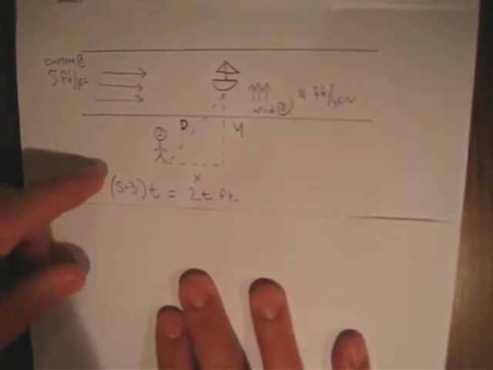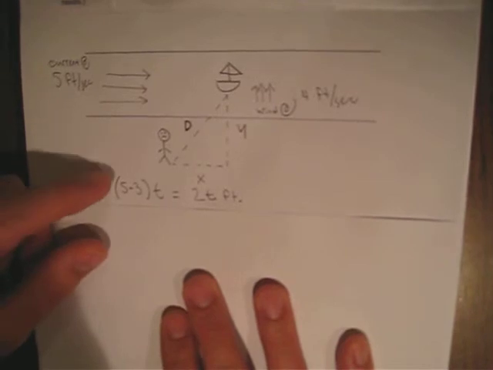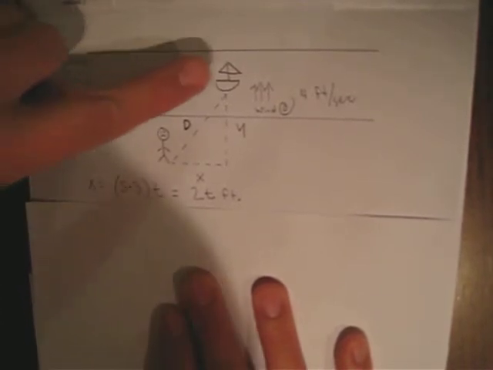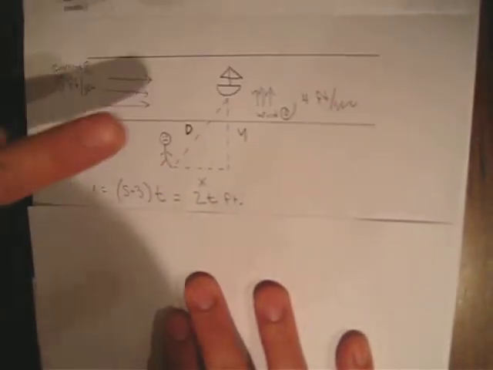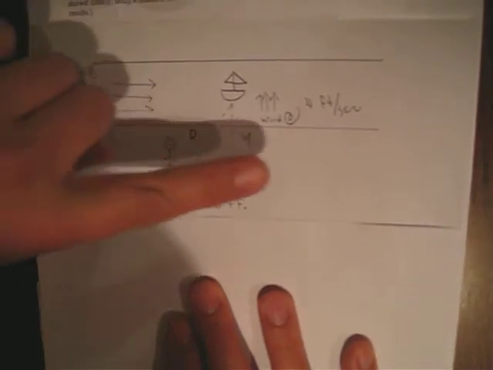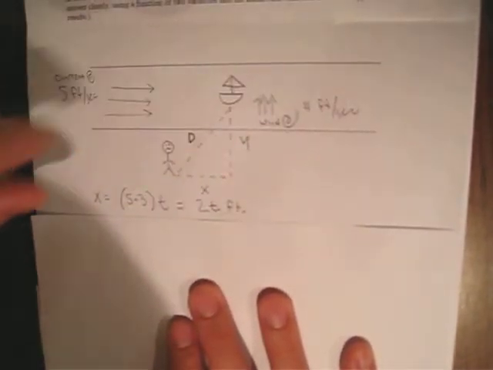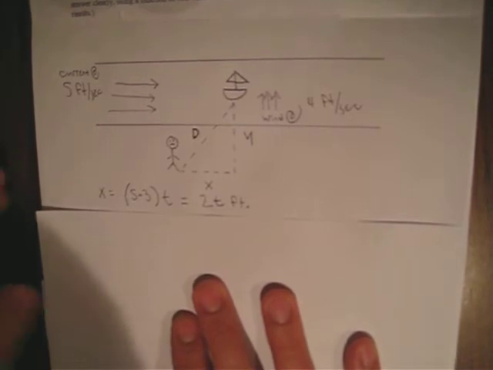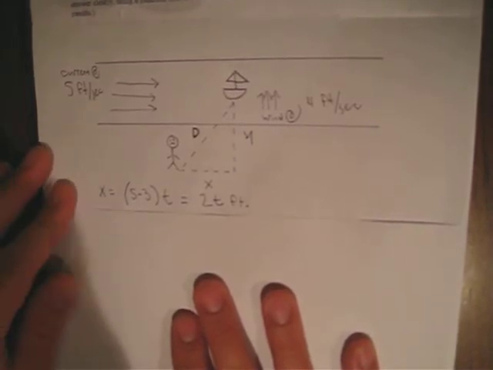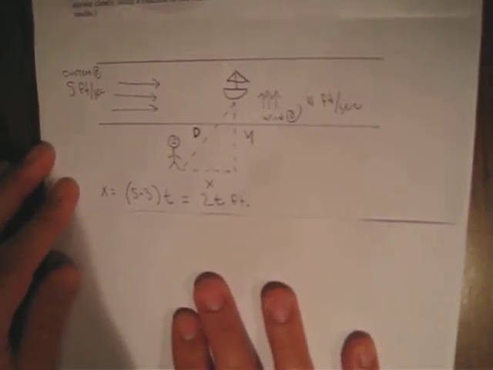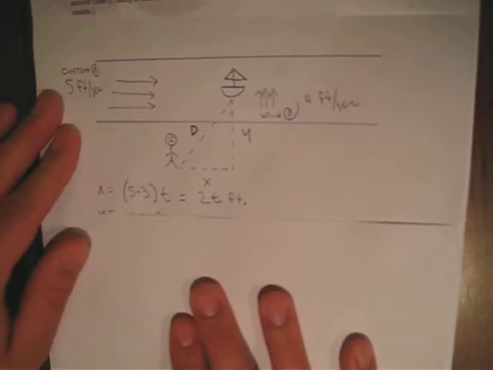The way we come up with that is that the boat is moving in this direction at 5 feet per second. The boy is moving in this direction at 3 feet per second. We take the difference, 2, obviously, and that is going to be our change in x.